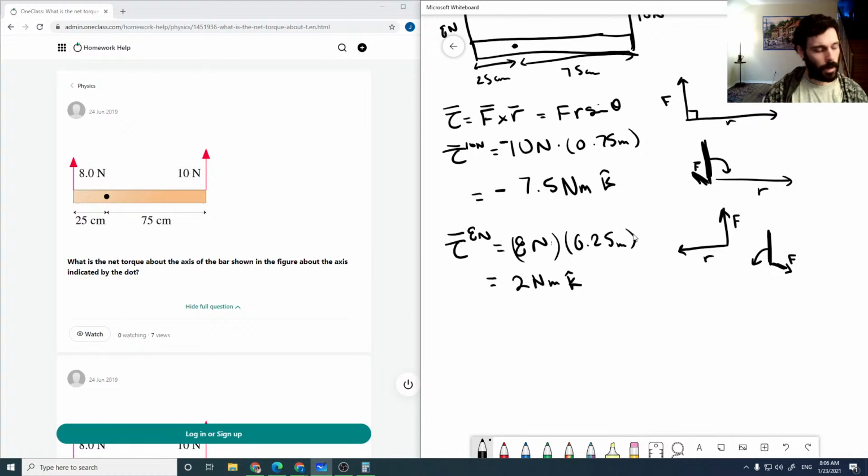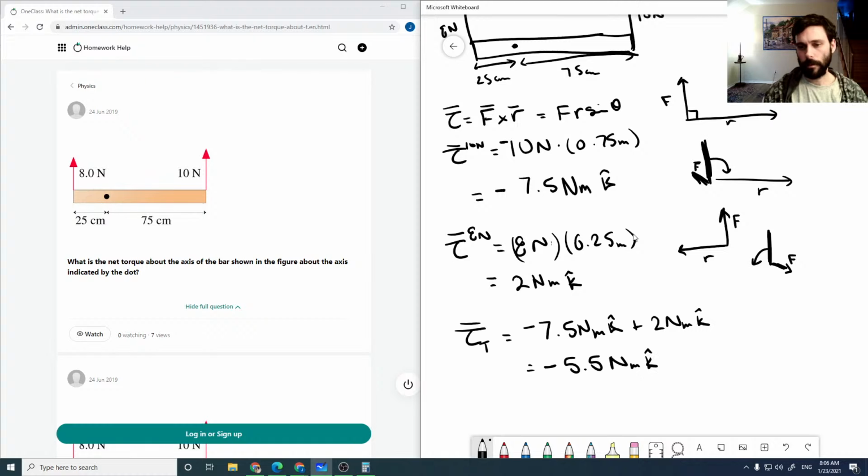And so our net torque is minus 7.5 Newton meters K hat plus 2 Newton meters K hat, which is minus 5.5 Newton meters K hat. So there's my net torque.